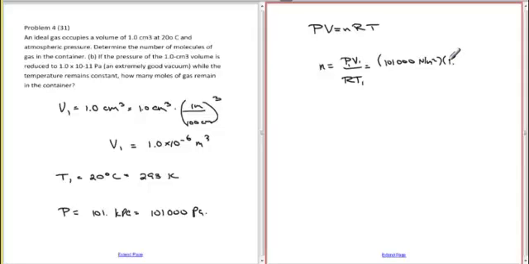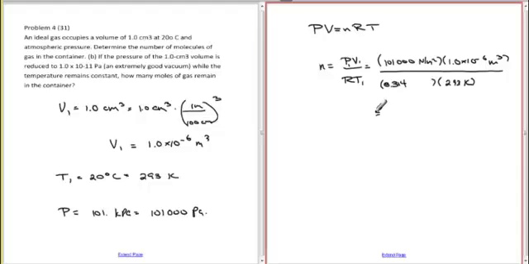The volume is 1.0 times 10 to the minus 6 meters cubed. R is 8.314, and the units are whatever they are. You can look them up in the book. And the temperature is 293 Kelvin. And that's going to give the number of moles.